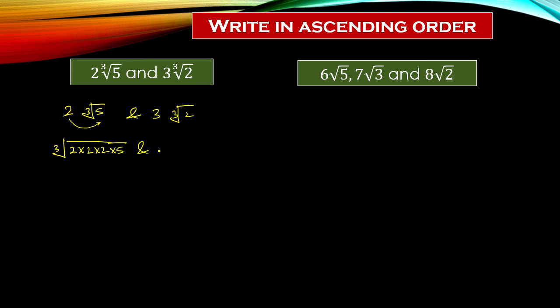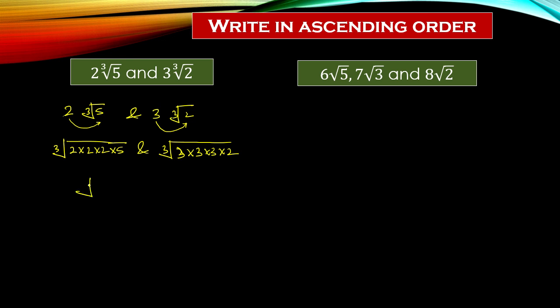For the second, if we want to bring 3 inside the cubic root, we write 3 three times inside the cubic root, and 2 stays as it is. So we get 2 three times, that is 8, into 5, that is 40.